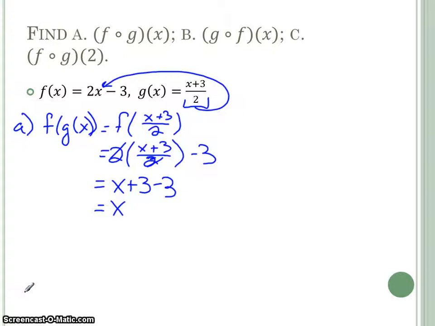All right, so now for part B, we're looking for g of f of x. So we're going to take our lovely 2x minus 3 here and substitute it in for x in the top of our fraction.